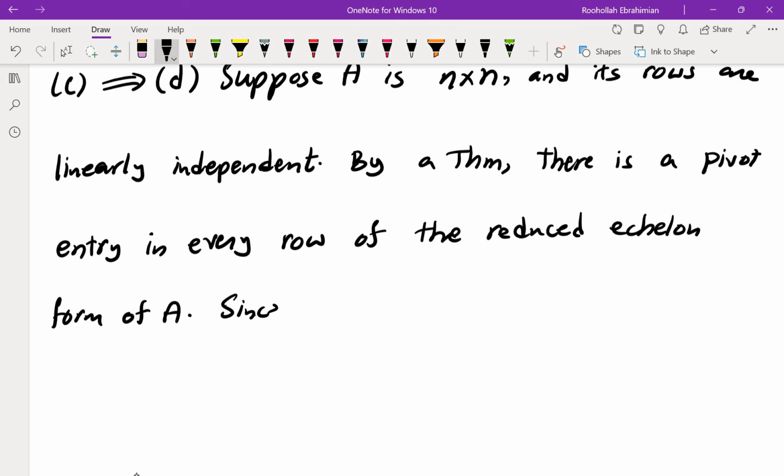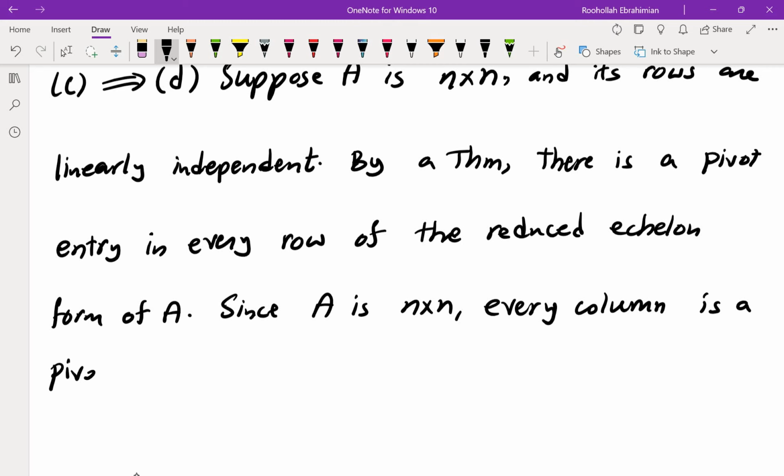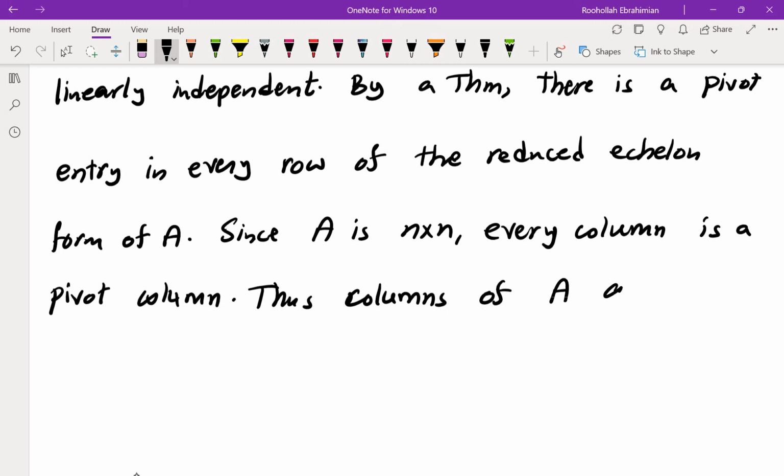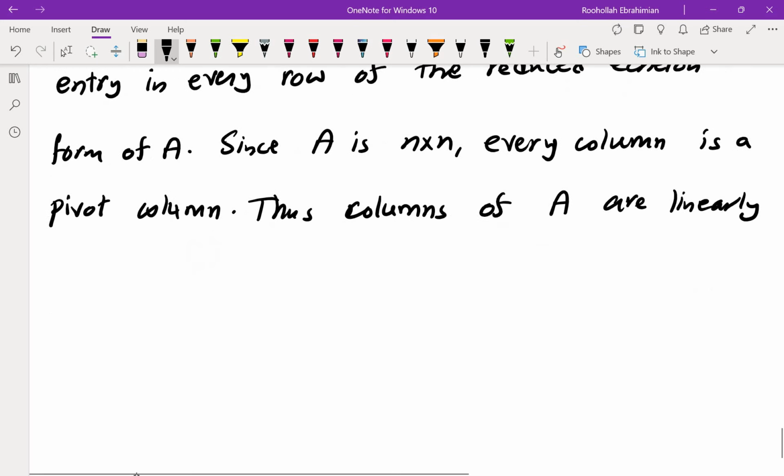Since A is n by n, every column is also a pivot column. Every column is a pivot column, which means the columns of A are linearly independent.